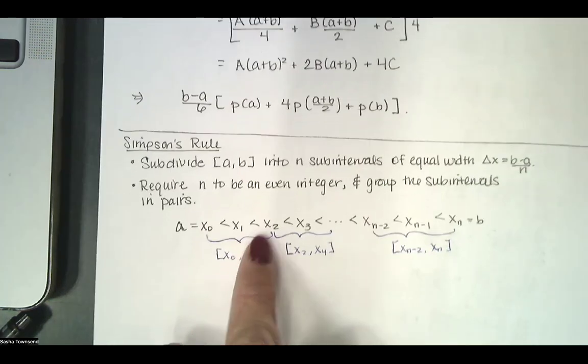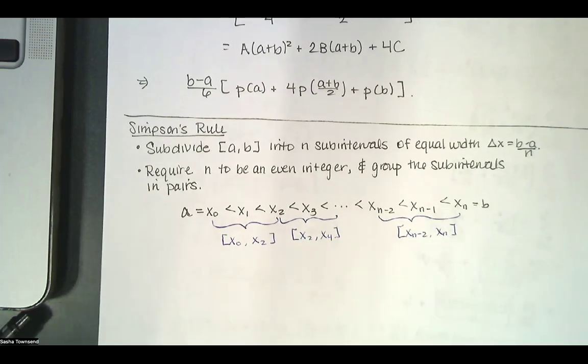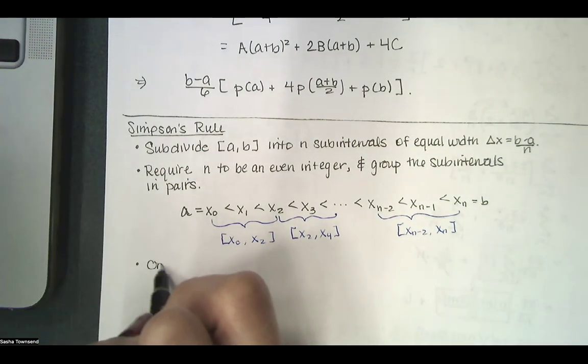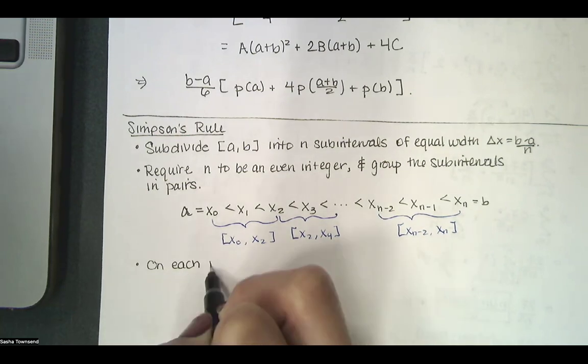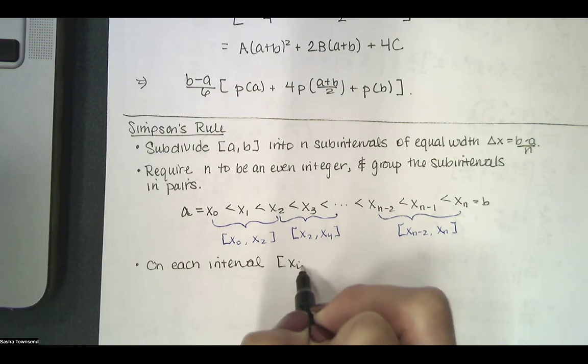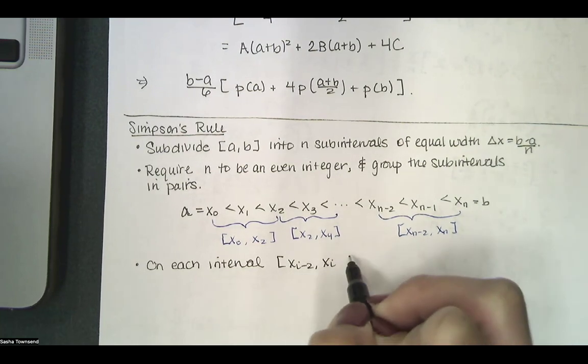Okay, and then on every one of these subintervals, we'll approximate f by a polynomial p. So it'll be from x sub i minus 2 to x sub i.